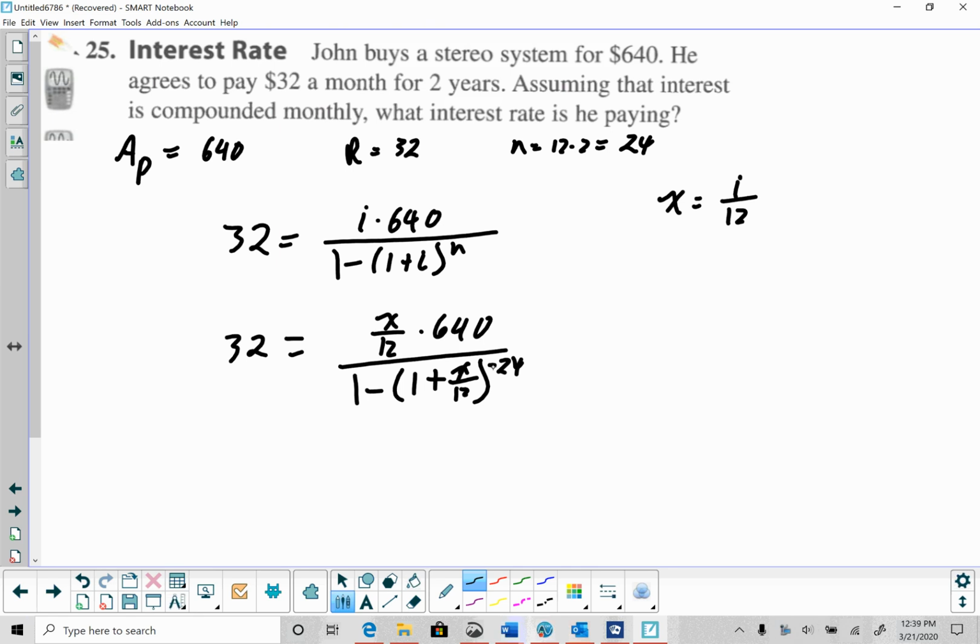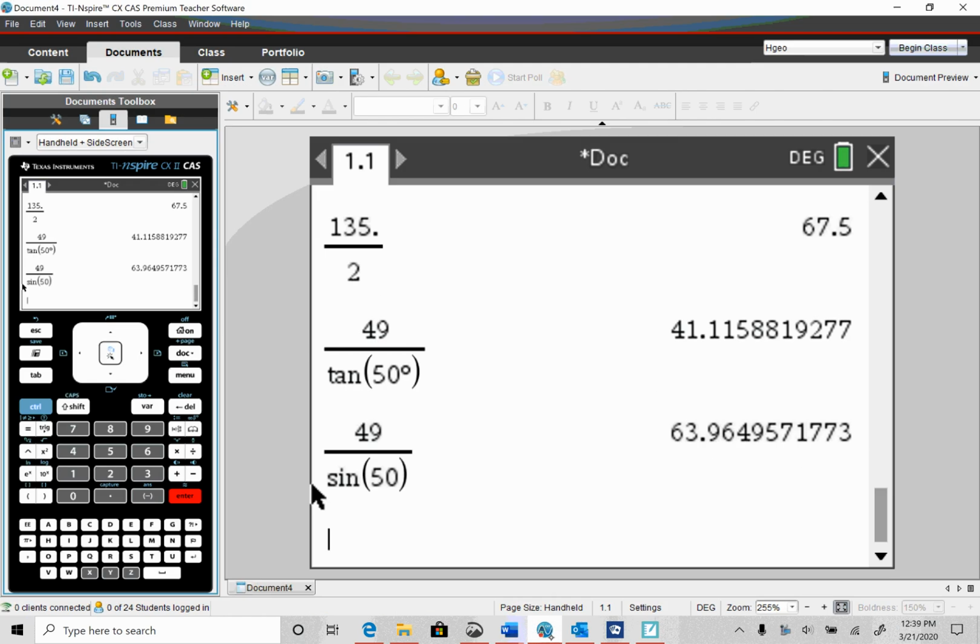My, what a mess that is. And again, if we're going to try and solve this with your calculator, oh my goodness, guess and check is probably not the best way to go. We're actually going to solve this by graphing, finding the point of intersection. How's that sound?